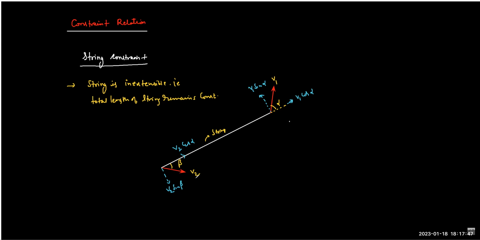Okay, and what will v2 cos beta do? Is it trying to stretch or shrink the string? Shrink. So now one is trying to elongate, the other is trying to shrink, but we have to keep the length constant. Then the amount of shrink and the amount of elongation must compensate each other, isn't it? So how are you going to keep the length constant? What is the simple thumb rule?